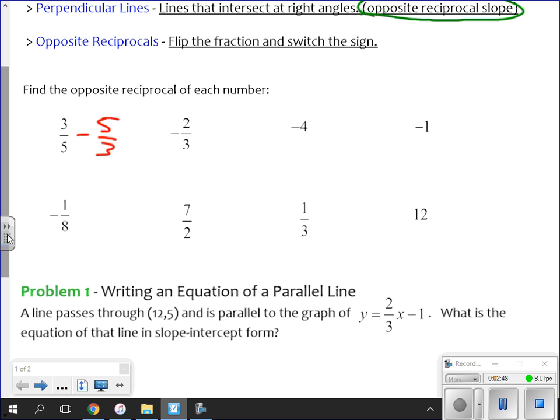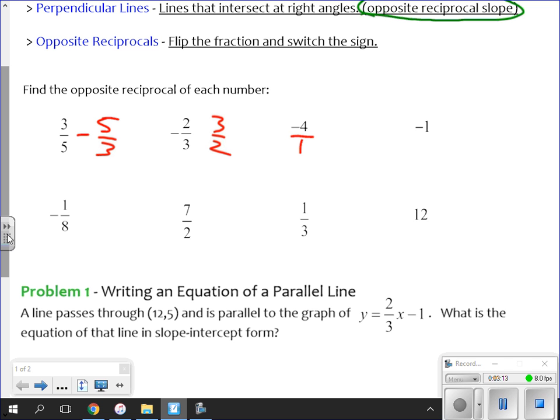Opposite reciprocal of -2/3. Well, this one's already negative, so the opposite is going to be positive. Flip it over, it's 3/2. Opposite reciprocal of -4. You want to make it a fraction to be able to find the reciprocal.